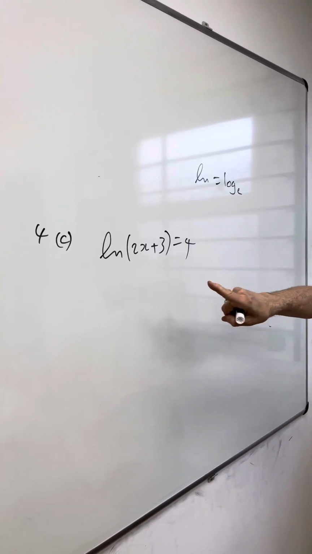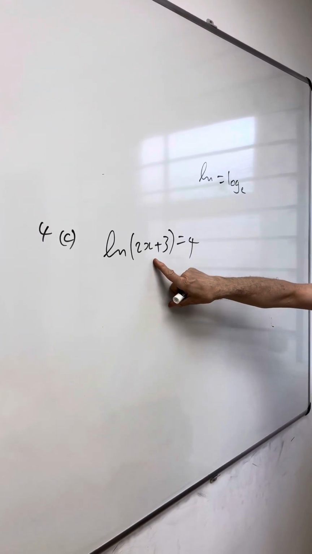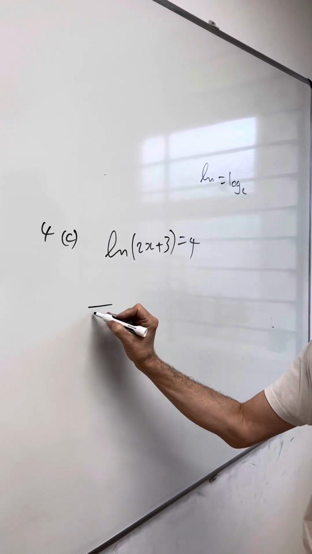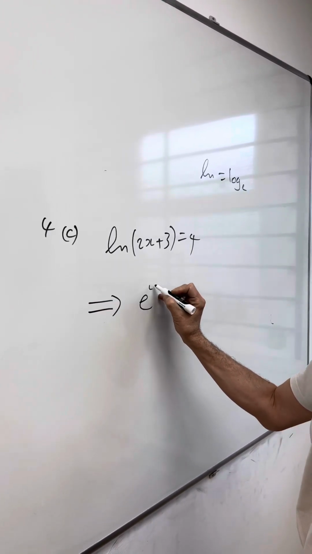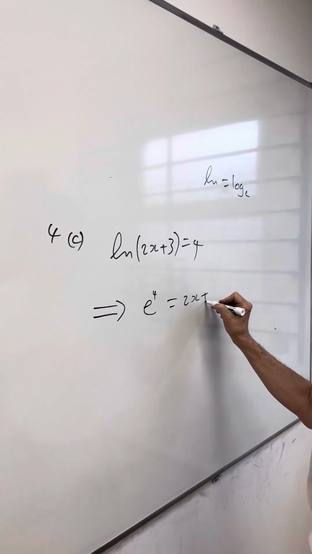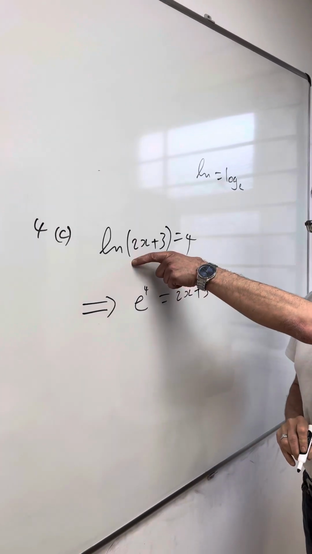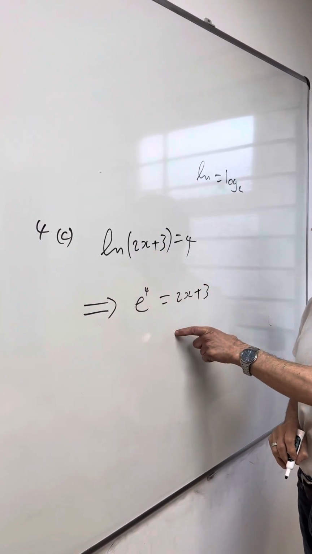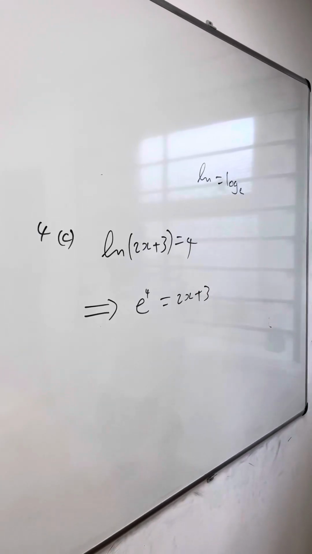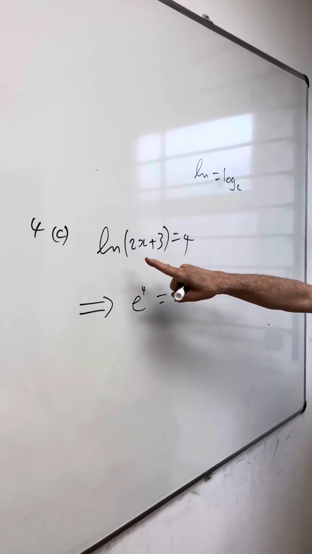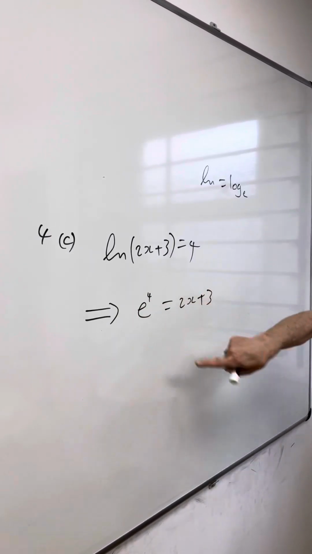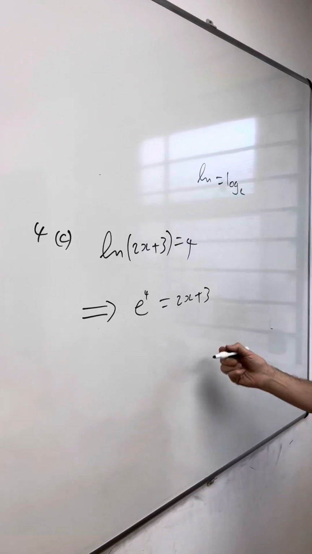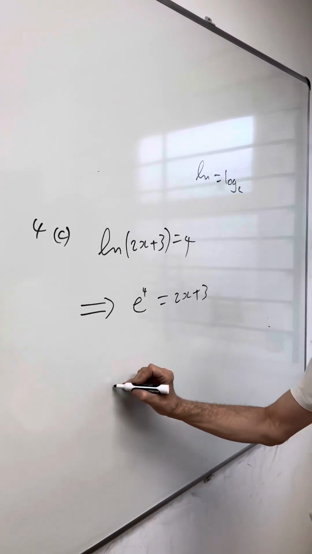It's asking us what power do I raise e to to get 2x plus 3. That would imply e to the power of 4 is 2x plus 3. So from the log, we end up in one step with a situation where we remove the log by definition, because it's asking what power do I raise e to, and that is e to the power of 4. Okay, so all we do is just transpose the equation and solve it.